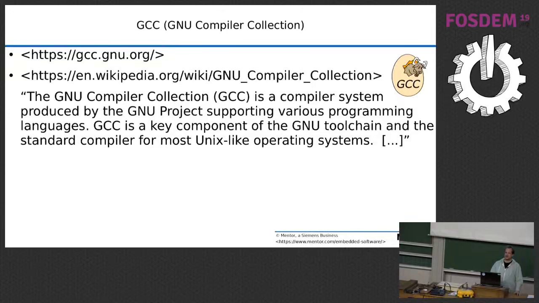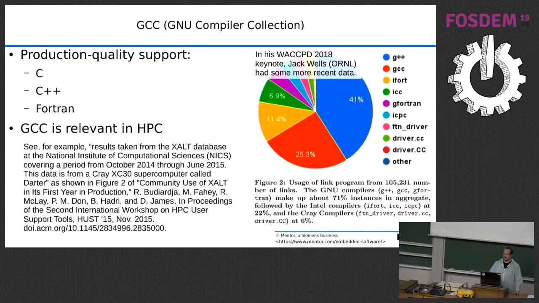But GCC still plays a very big role in what's being used even for high-performance computing, where you might assume that maybe some of the proprietary vendor compilers play a bigger role. I'm not reading through all of this. This is just some motivation. Up there you see a survey that has been done a few years ago from some high-performance compute center about the usage of compilers on that system, what users are actually using there.